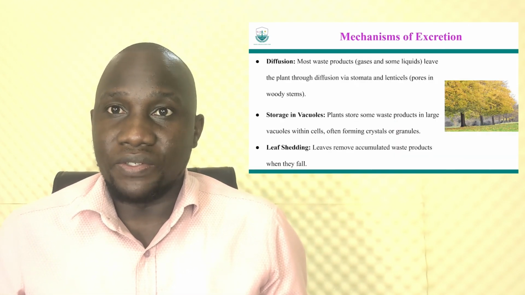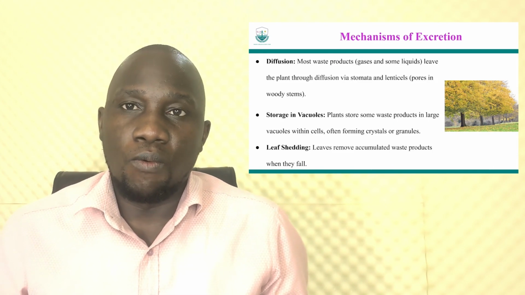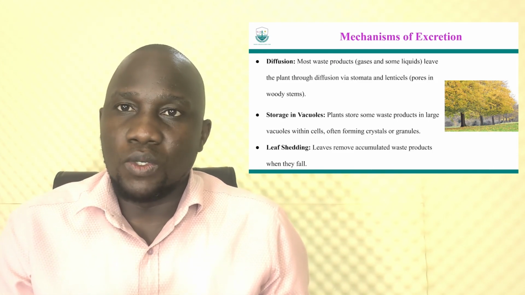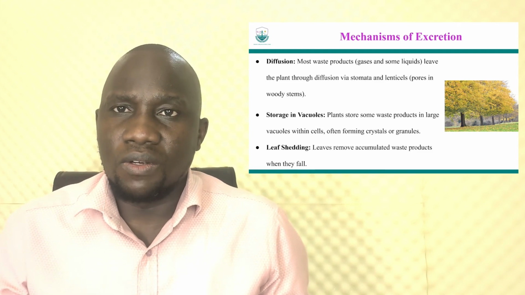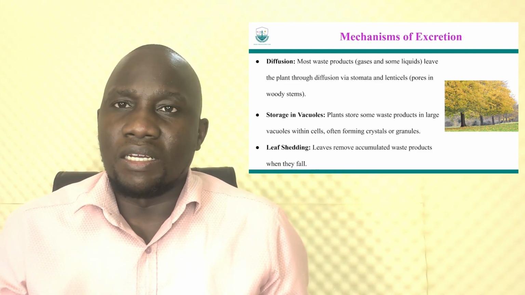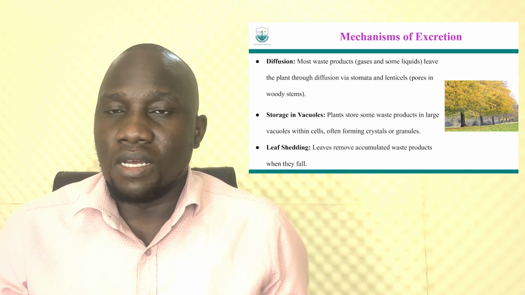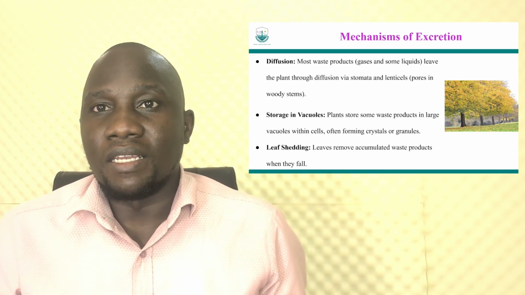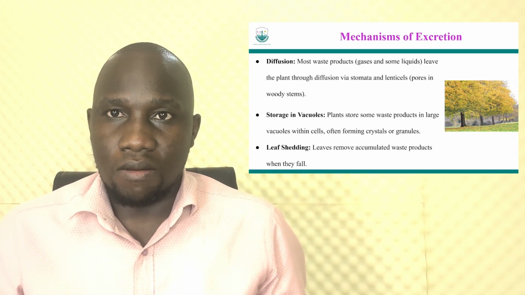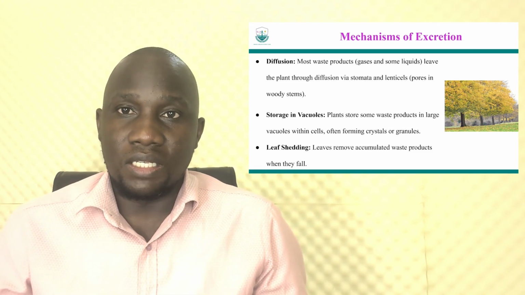If we talk in terms of categorizing what we have seen here, we can talk about three main mechanisms. Some of these waste products just diffuse out. Carbon dioxide, oxygen, water vapor, they just diffuse through holes that we term the stomata or the lenticels in the woody plants, basically woody stems.